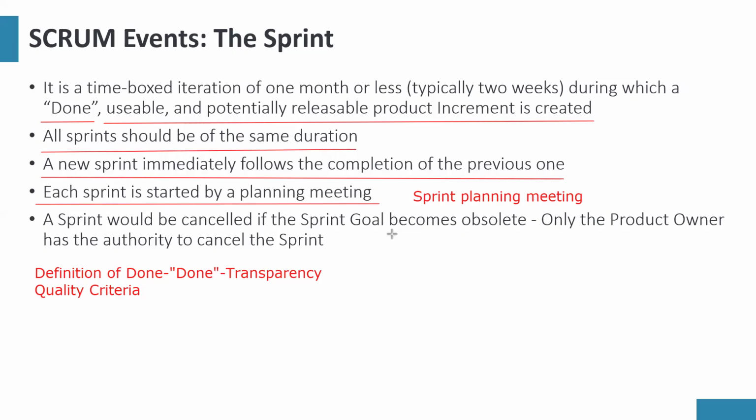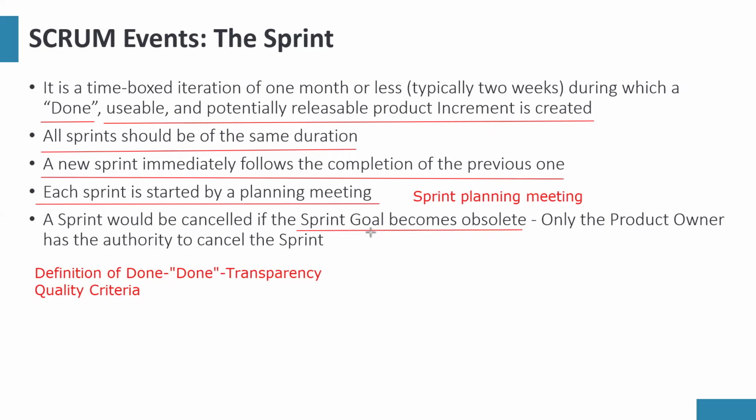Scrum Master cannot stop the work. Developers cannot stop the work. Only the product owner can stop the work. But there's a condition: if the sprint goal becomes obsolete.